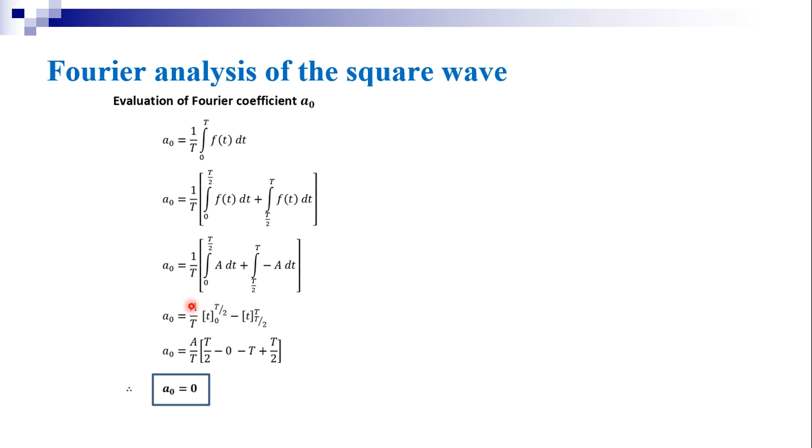A is a constant and is taken outside, and we have to apply the limits 0 to T by 2 and T by 2 to T.